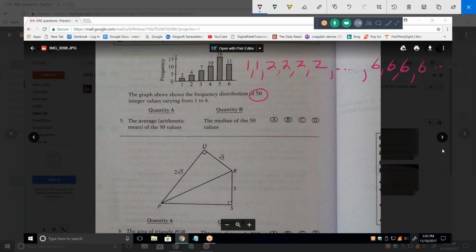So a 5 is our 25th number, and our 24th number and our 26th number are going to be 5s, because the last 27 numbers are 5s and 6s.